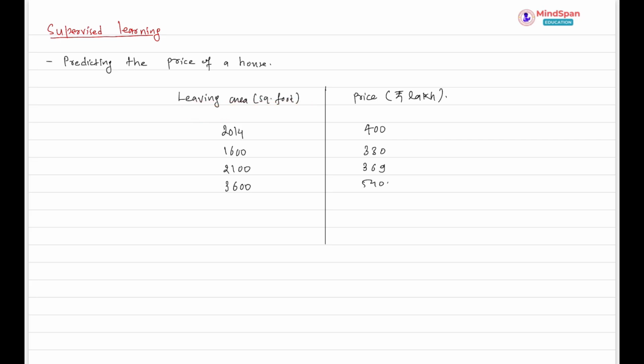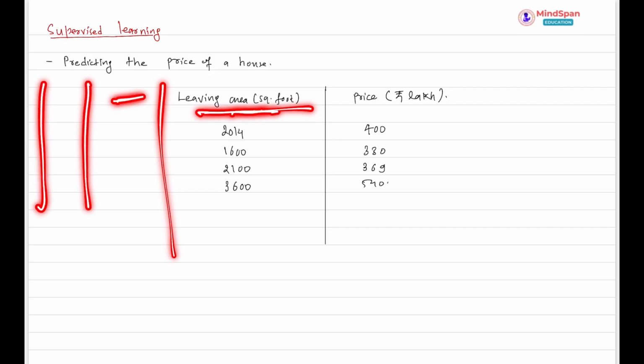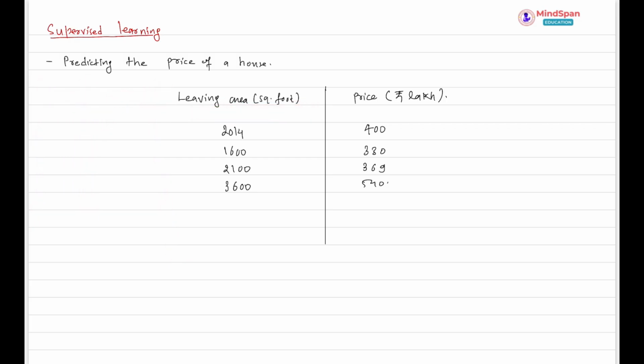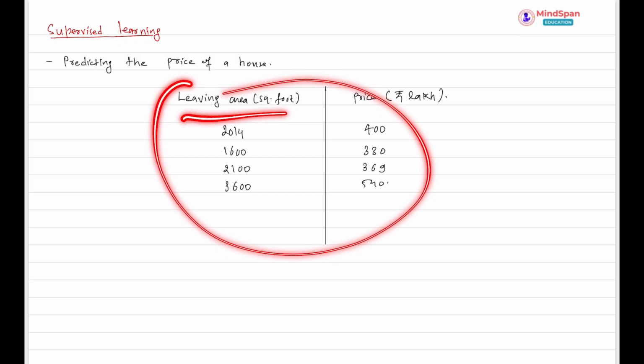We can have n number of features here: the living area of the house, how many floors there are, how many bedrooms there are. Just to simplify, I have taken just one feature.